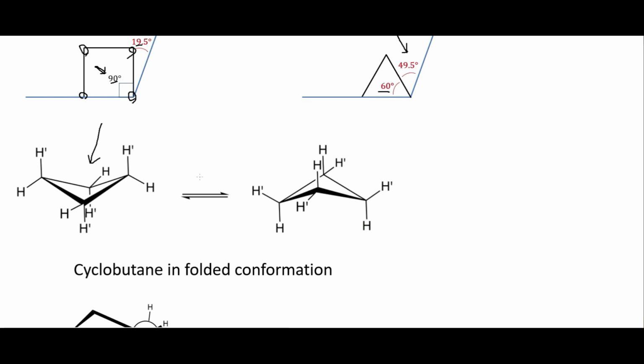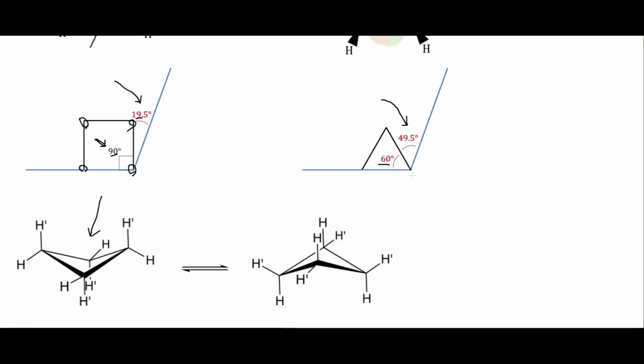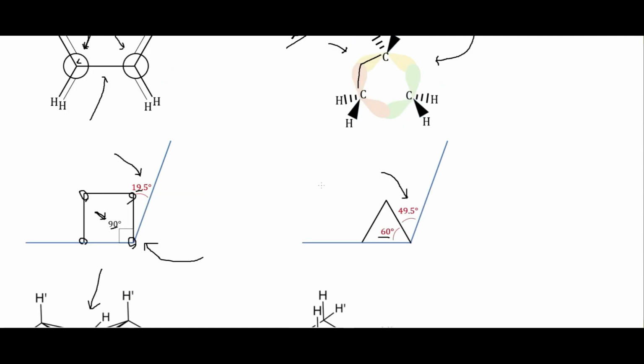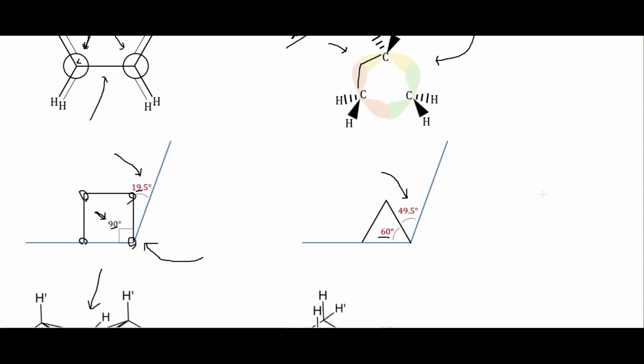And of course, there is an equilibrium where it is sort of oscillating between the way that it's folded a little bit like this. And so with the cyclobutane, at least, we can get a little bit of relief on this angle strain here by having a little bit of puckering going on, where that tends to be not possible with the cyclopropane, just because we have just a triangular shape.